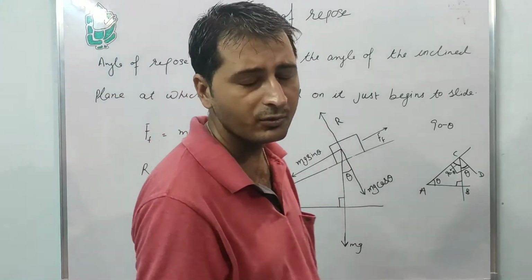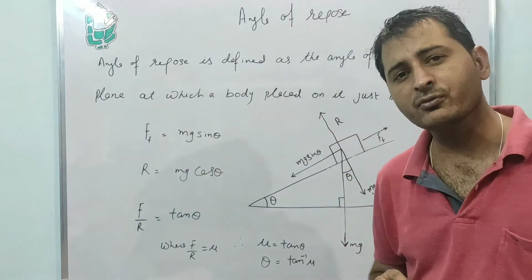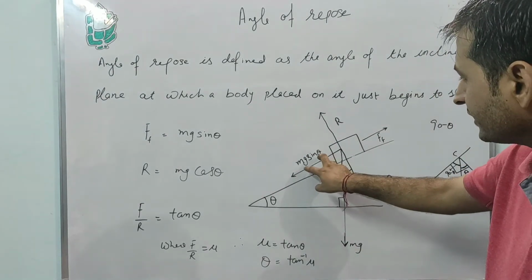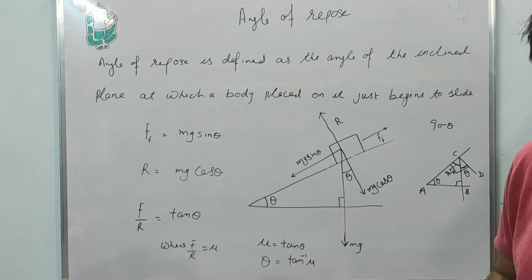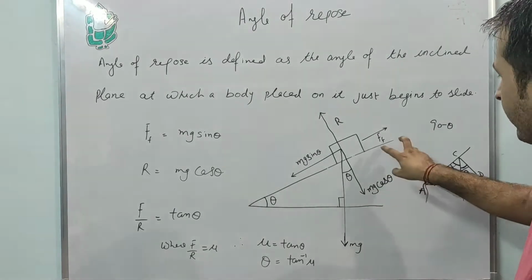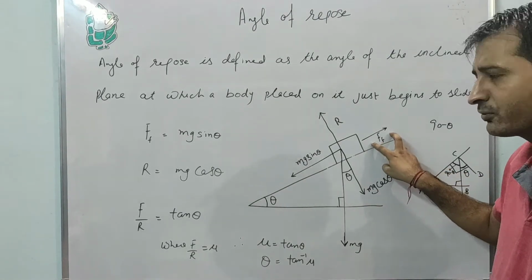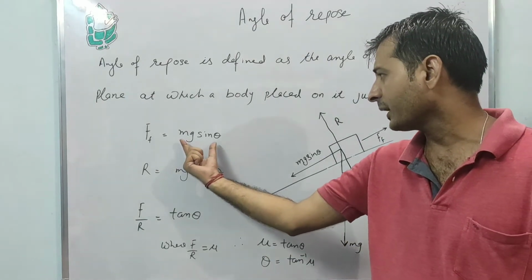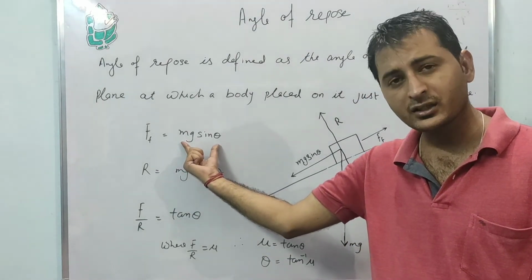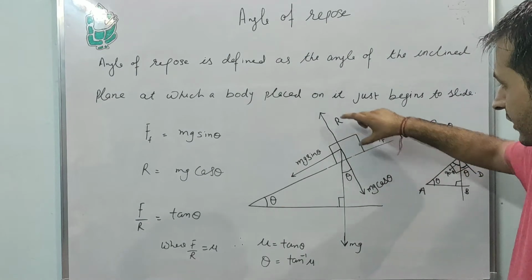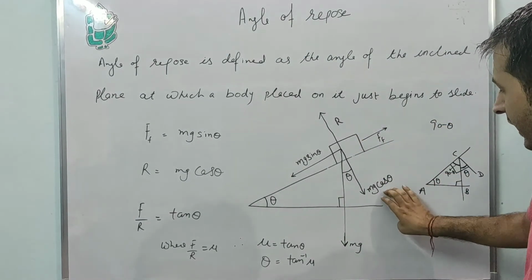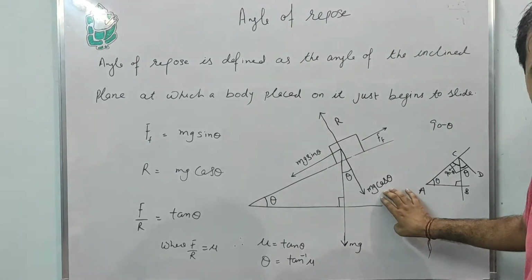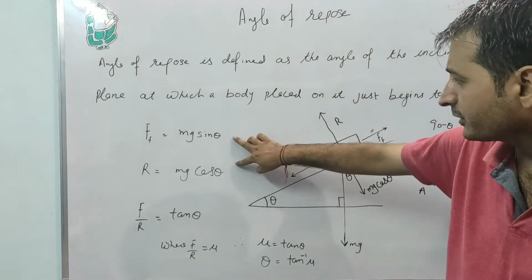When the body is not moving, at that time the force of friction is equal to mg sin theta. And the normal reaction is equal to mg cos theta. Clear? So two equations will be there.